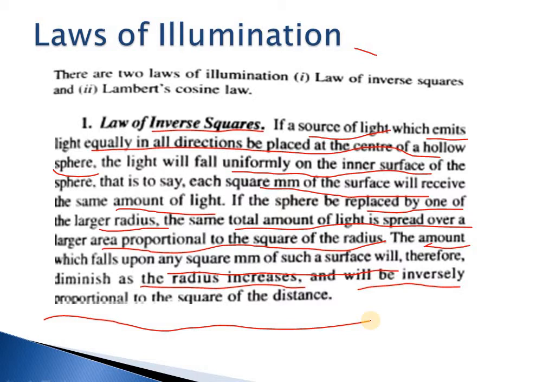Previously, whatever illumination was created by the same amount of light, now it will illuminate less, and it will be inversely proportional to the square of the distance. That means if we increase the distance, the light emission will be proportional to the inverse of the distance squared.